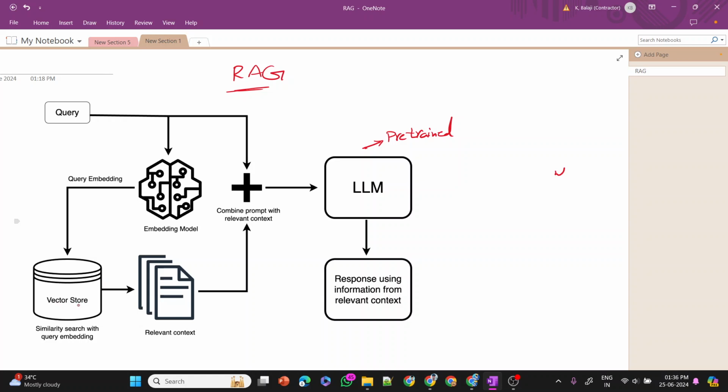This vector storage is a database, and it stores the data in embedded form.